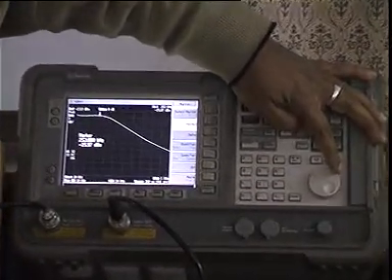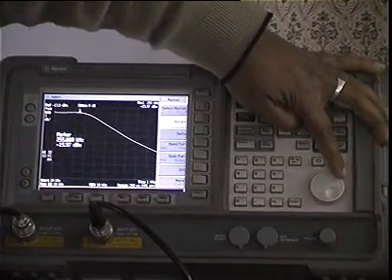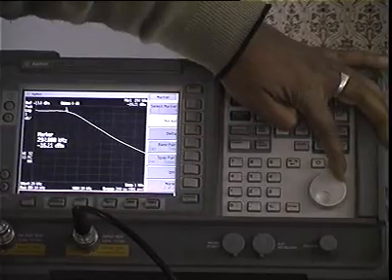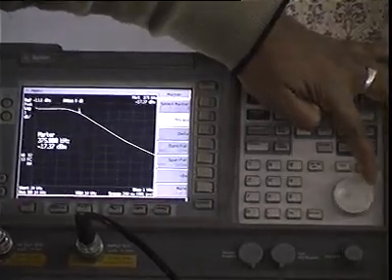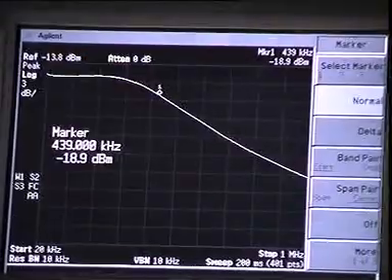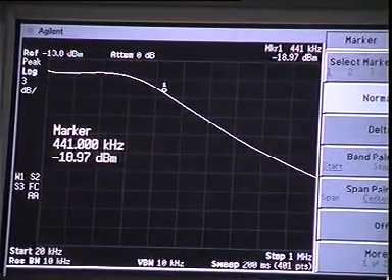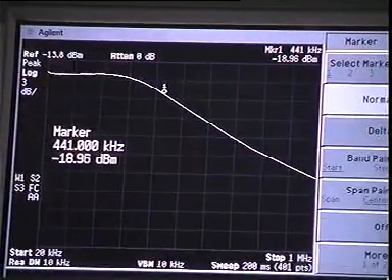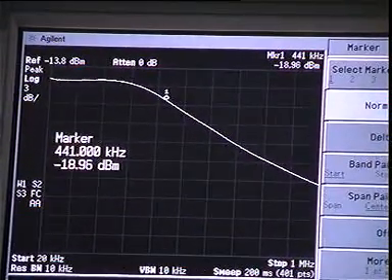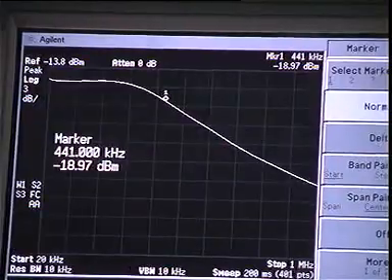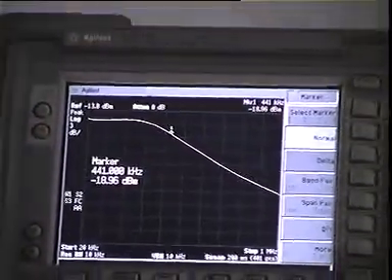I need to go to minus 18.97 dBm. That's where we are. The corresponding frequency is 441 kHz. So this filter has a 3 dB cutoff frequency of 441 kHz.